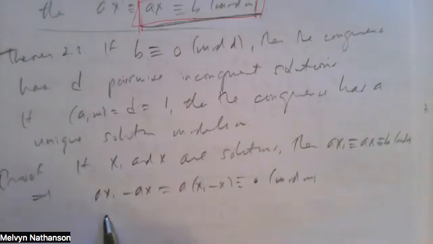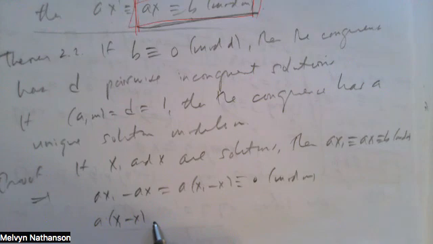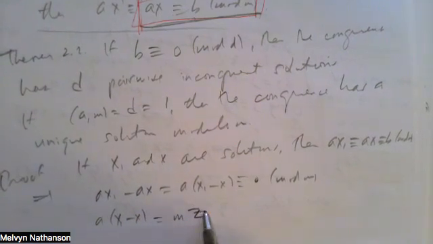So this difference, a times x1 minus x, is a multiple of m, say m times z, for some integer z.